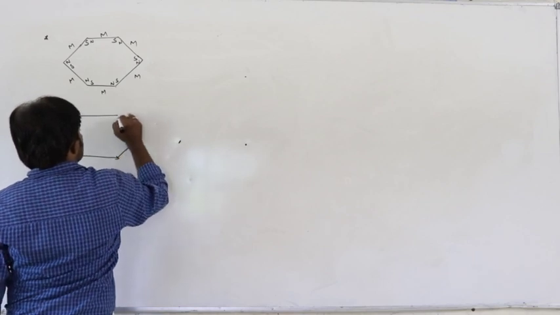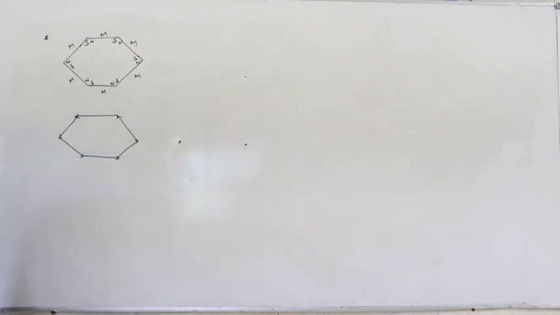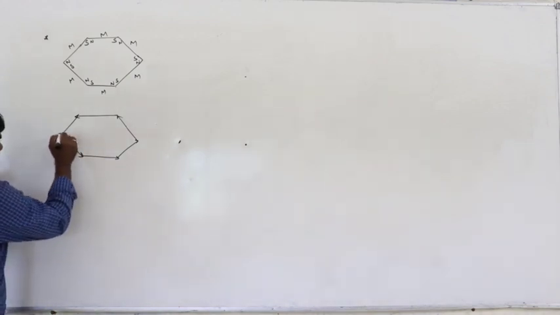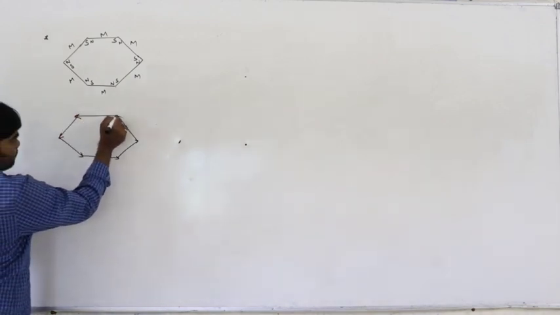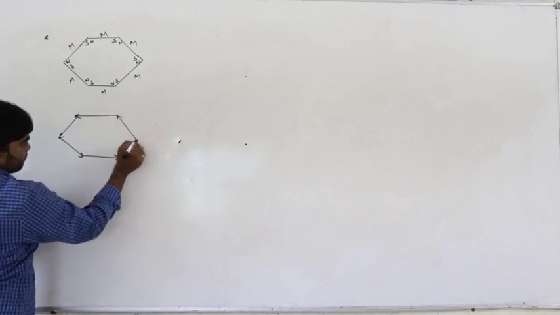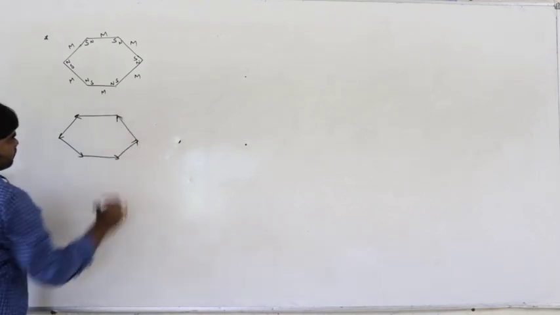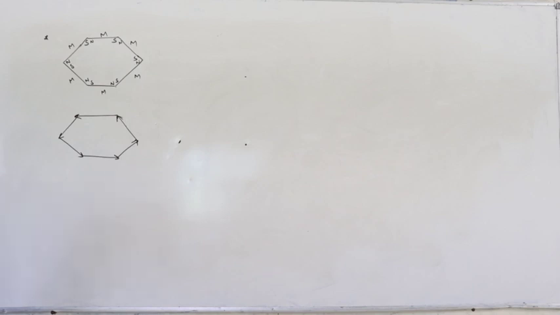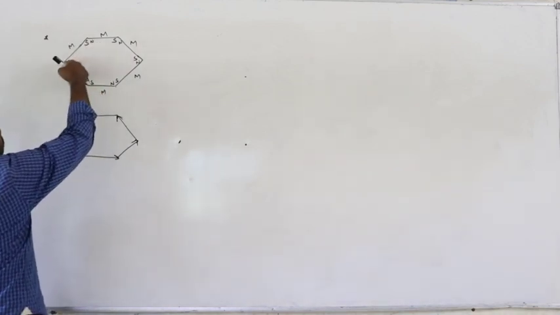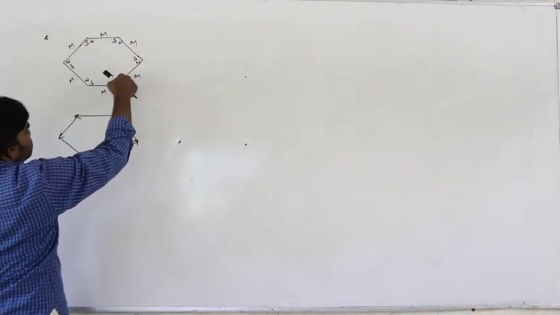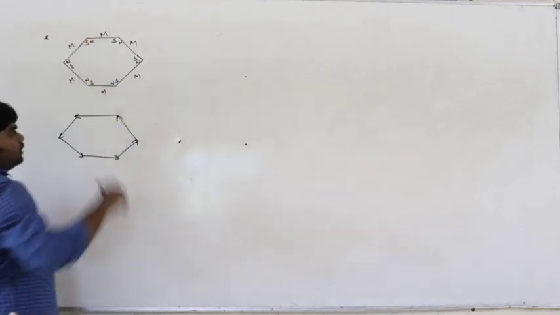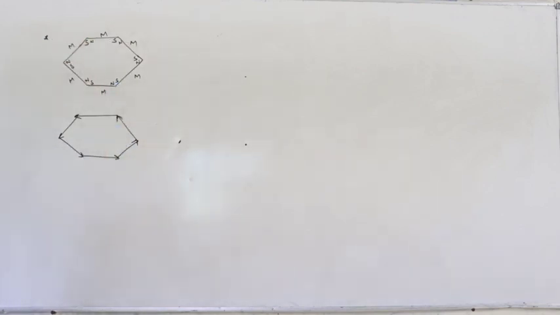These are the directions of the magnetic moments, south to north, south to north, and again south to north. So the direction of the magnetic moment is always from south to north.